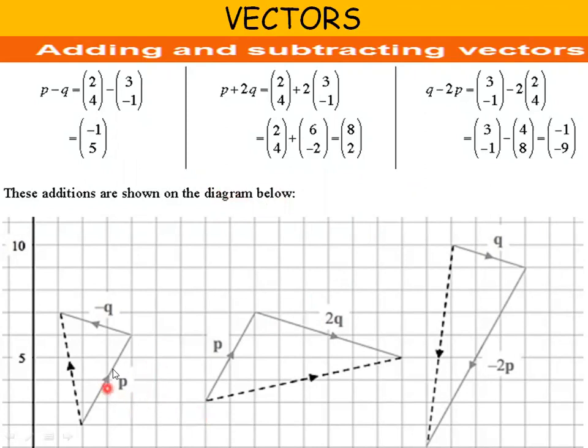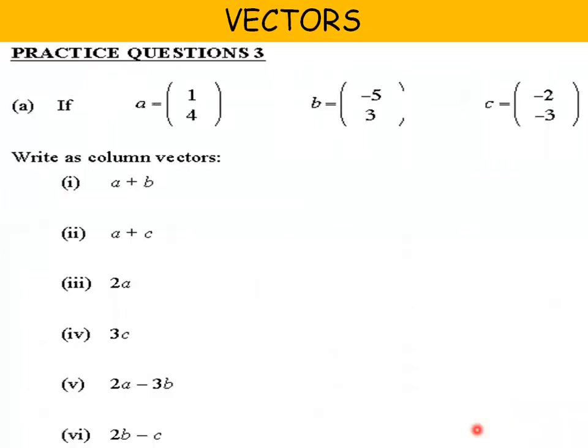We show the resultant of the vectors as a single movement against the movement in the p and the q directions, the p and the 2q direction, the p and the minus 2p direction as shown. You can pause the video and take a look at this carefully.